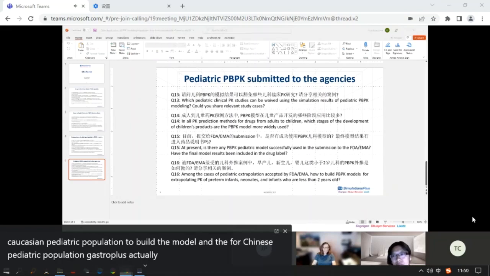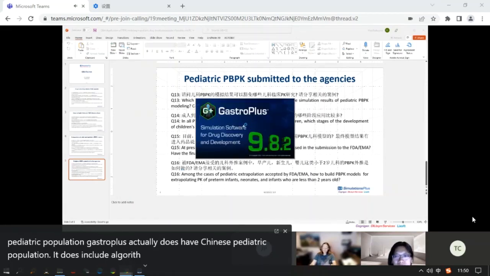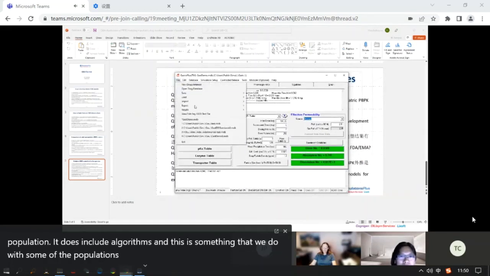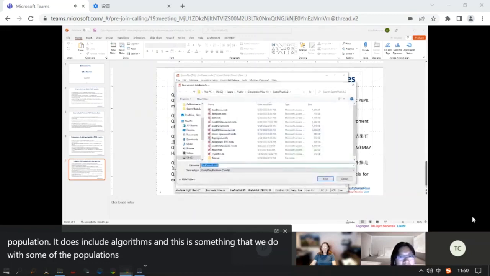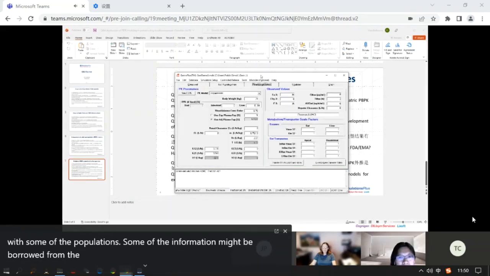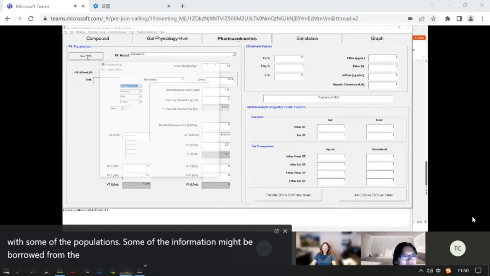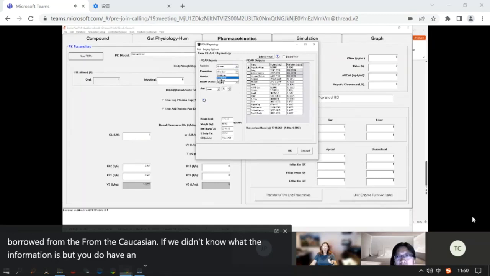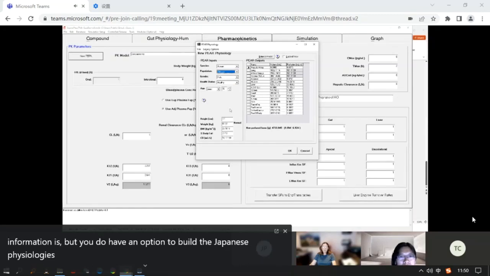GastroPlus actually does have a Chinese pediatric population. It does include algorithms, and this is something that we do with some of the populations. Some of the information might be borrowed from the Caucasian if we didn't know what the information is, but you do have an option to build the Japanese physiologies and also do the pediatric.